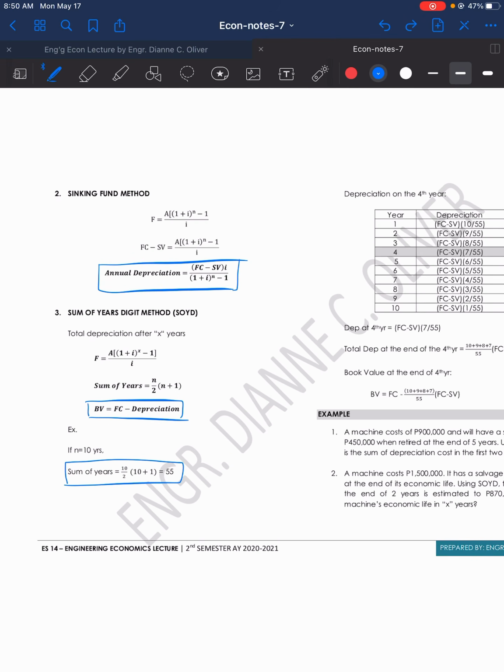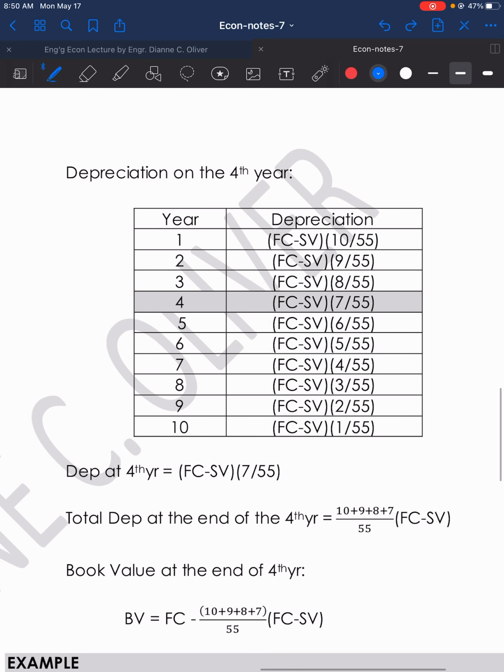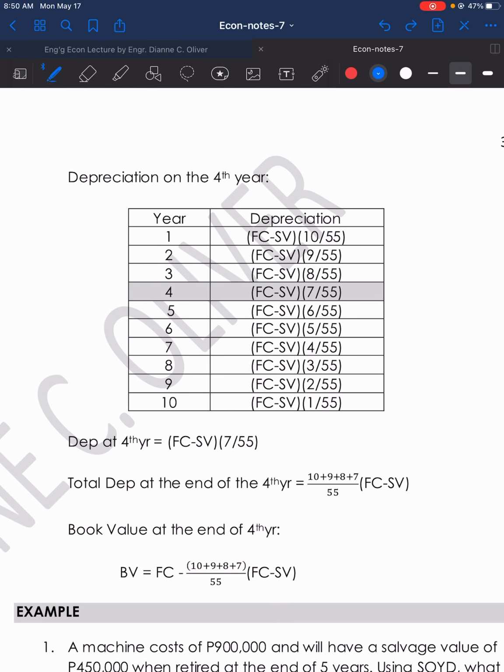So what happens here is, if we tabulate the depreciation each year, this is the life of the property, this is the end of its life, the 10th year.